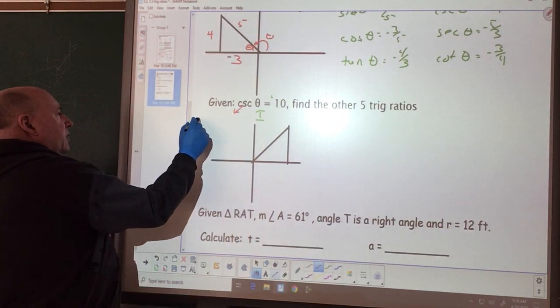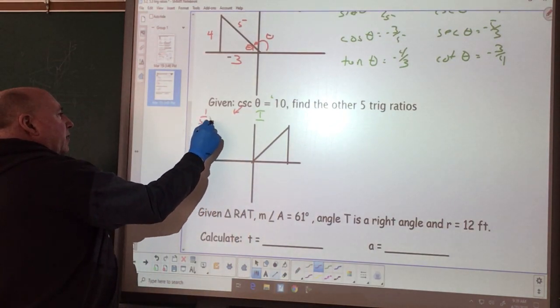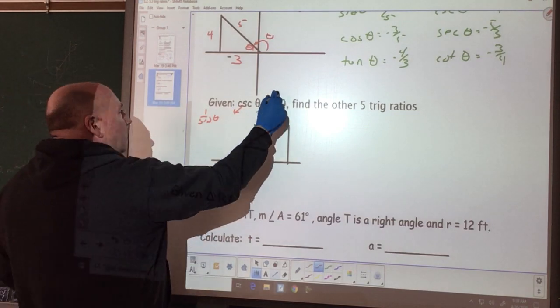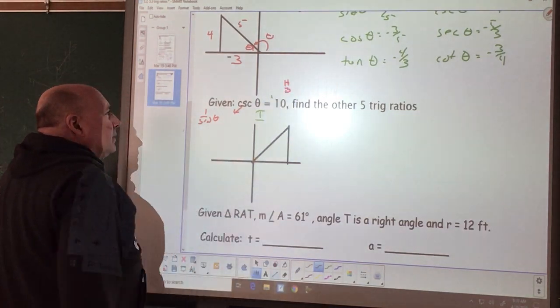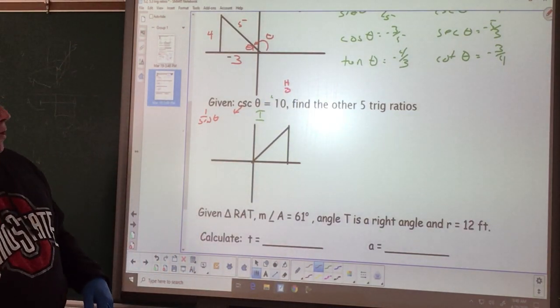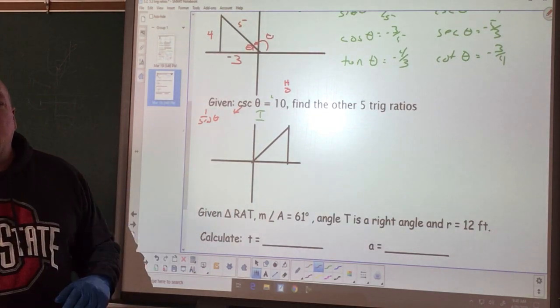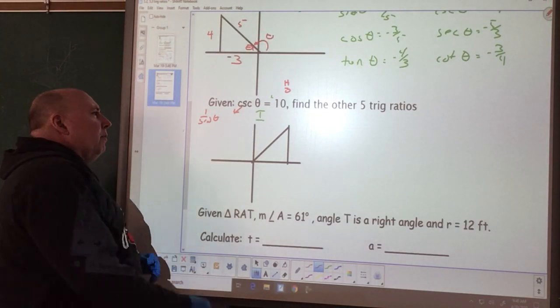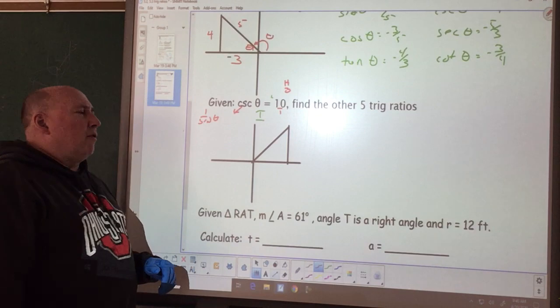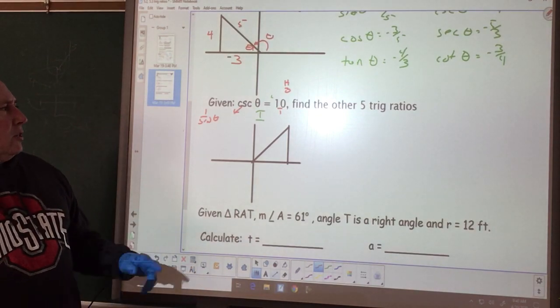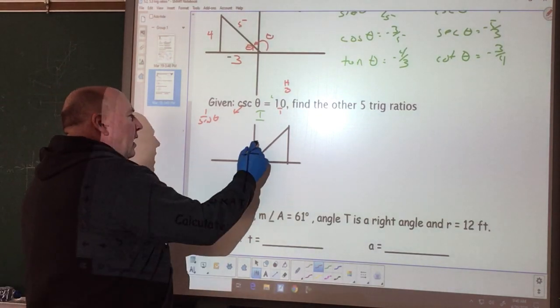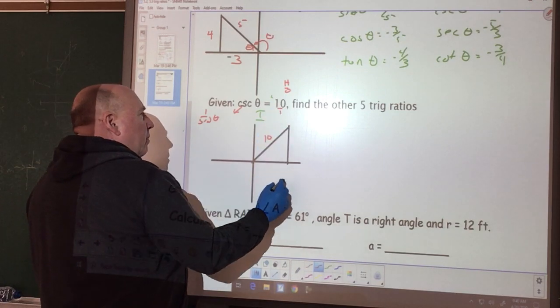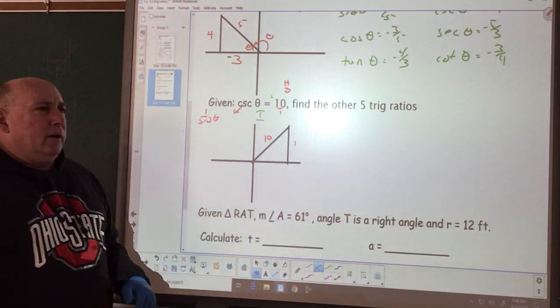Cosecant is the reciprocal, 1 over sine of theta, so this is hypotenuse over opposite. Well, I don't have a fraction here. How can I create 10 as a fraction? We can put this over a value of 1. So my hypotenuse is a value of 10, and my opposite is a value of 1.